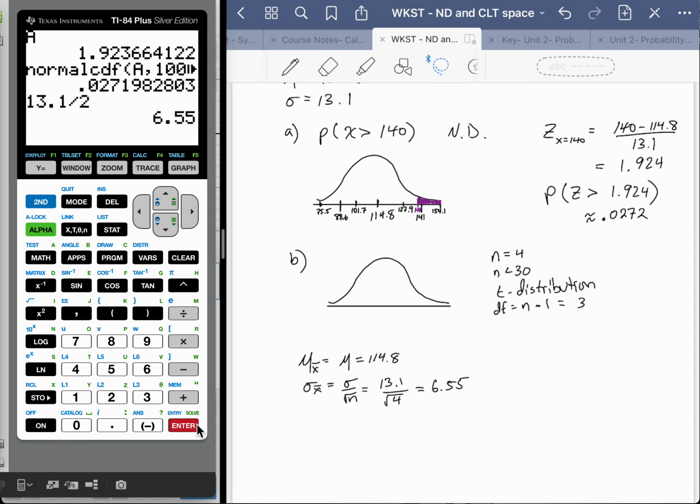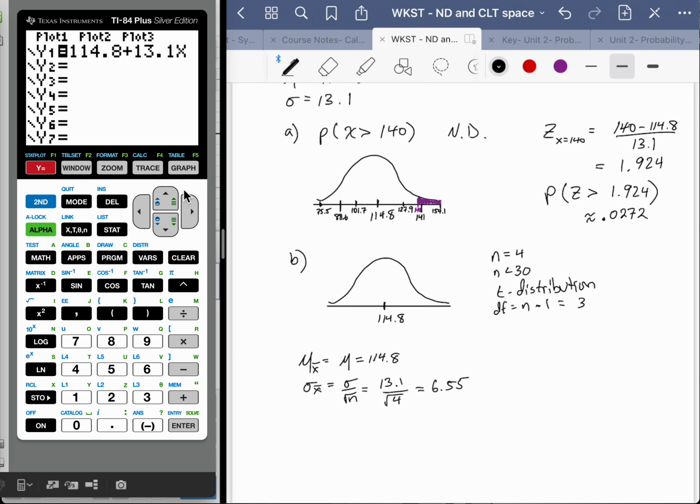All right, so we need to create a new scale for our distribution, which is going to be roughly symmetrical, roughly bell-shaped, not necessarily the same shape as a normal distribution, but since we're just drawing rough sketches anyway, it really doesn't matter. So 114.8, and I'm adding 6.55 to that.